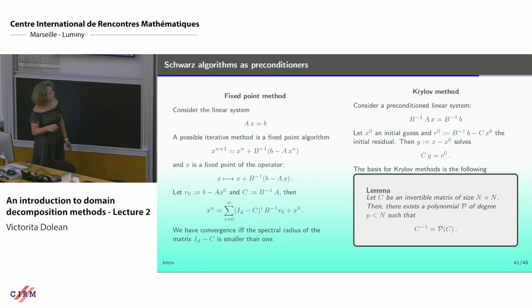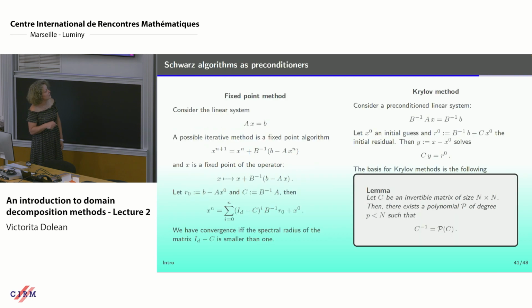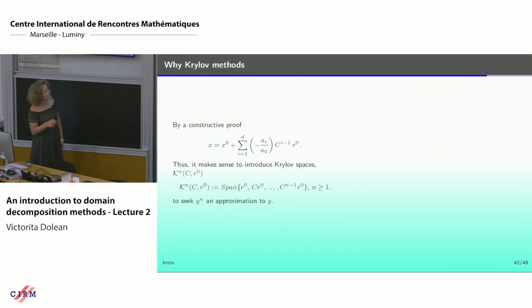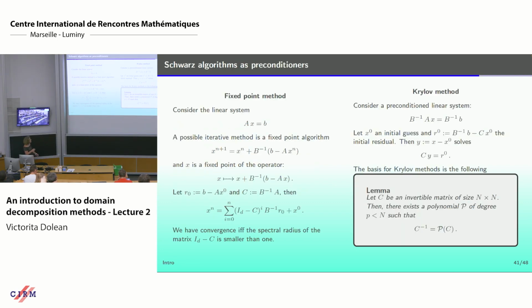If you look here a bit closer, you can identify a polynomial of the matrix C somehow, right? That means my constructive proof shows me that the solution at convergence is a polynomial of the matrix C, right? But my fixed point method will build me a polynomial of the matrix C with some fixed coefficients, and these fixed coefficients are given exactly by my fixed point method, right?